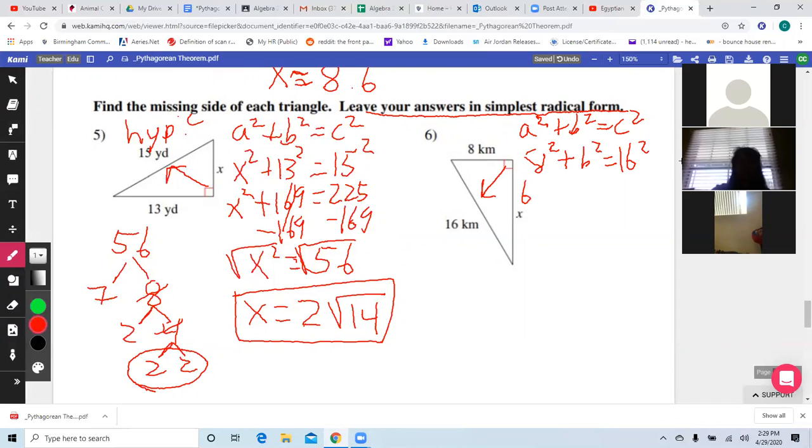And so this is 64 plus B squared. Or you can make it X squared. I forgot to make it X squared. That's the same thing. And then 16 times 16 is 256. So now I'm just going to subtract 64 from both sides.